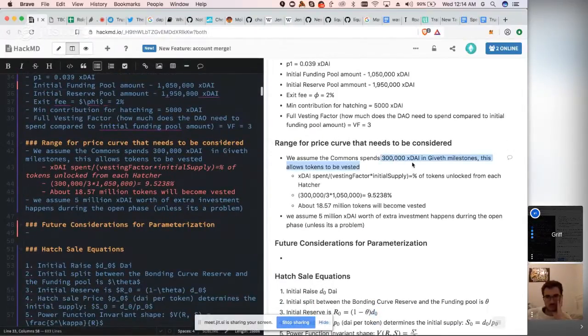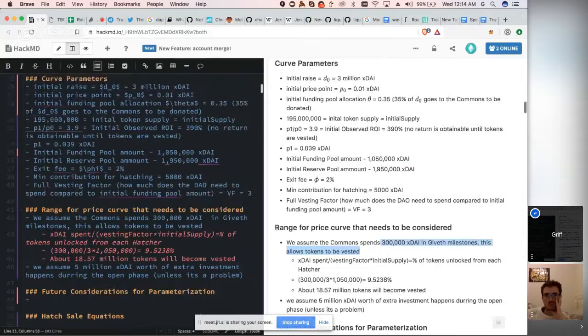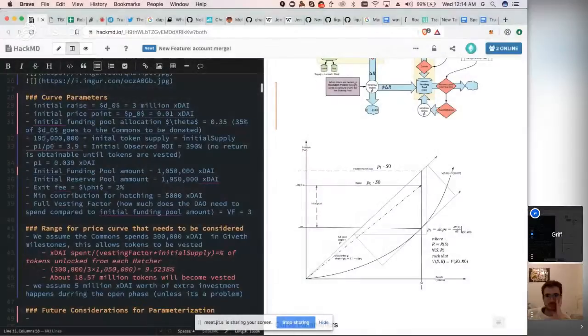So we're saying that the commons will only ever spend $300,000 in any of our scenarios. Okay. So we're staying in a small range. But this has to change because there was a bug earlier that we found. Okay.